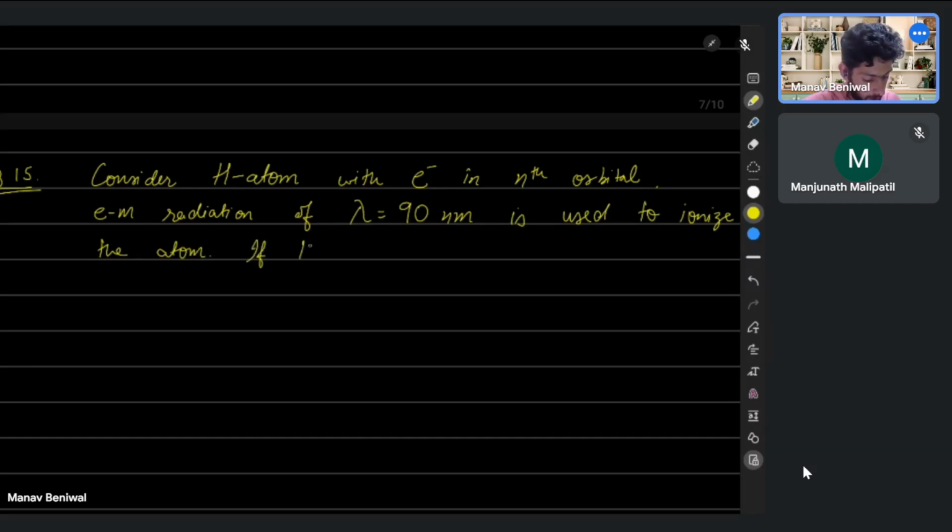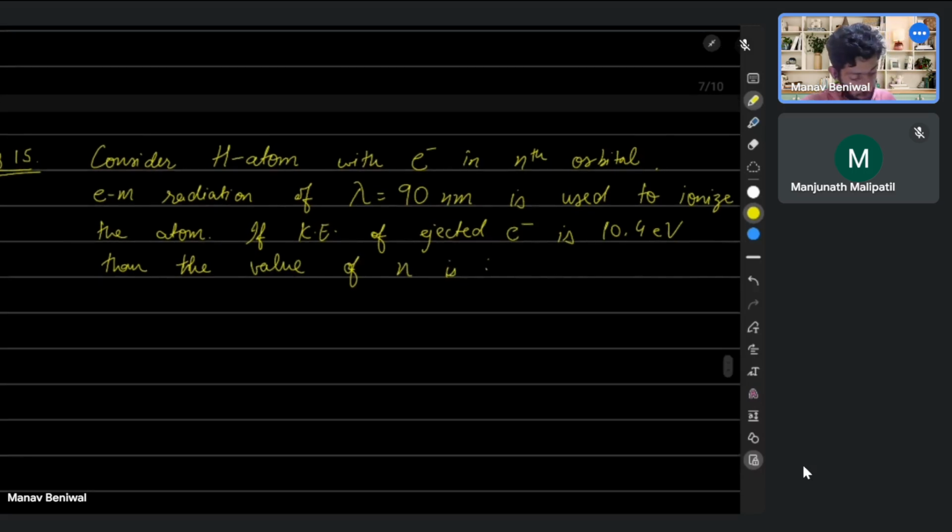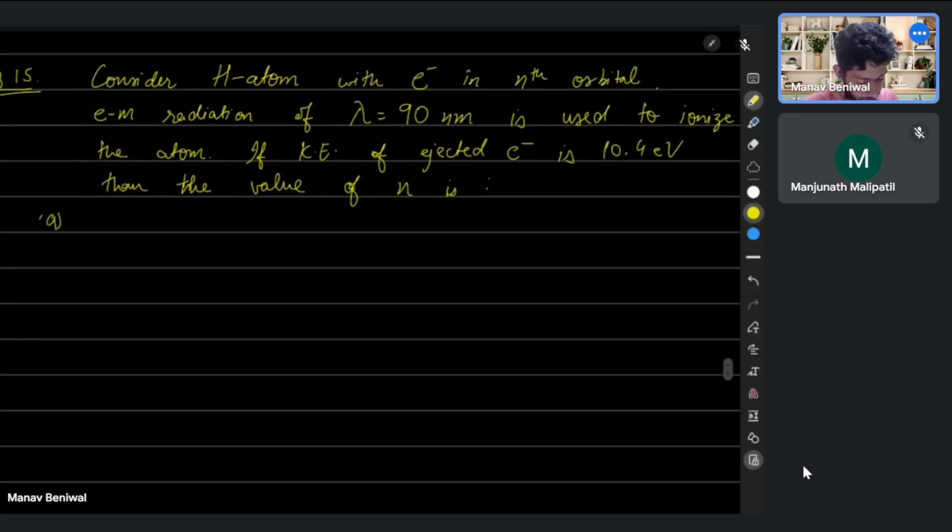If kinetic energy of ejected electron is 10.4 eV, then the value of n is, options are 1, 2, 3, 4.